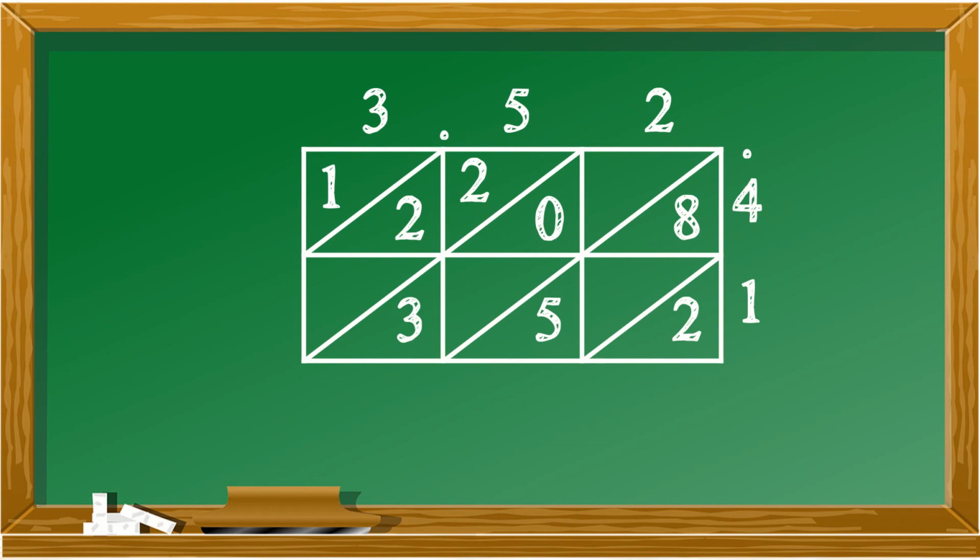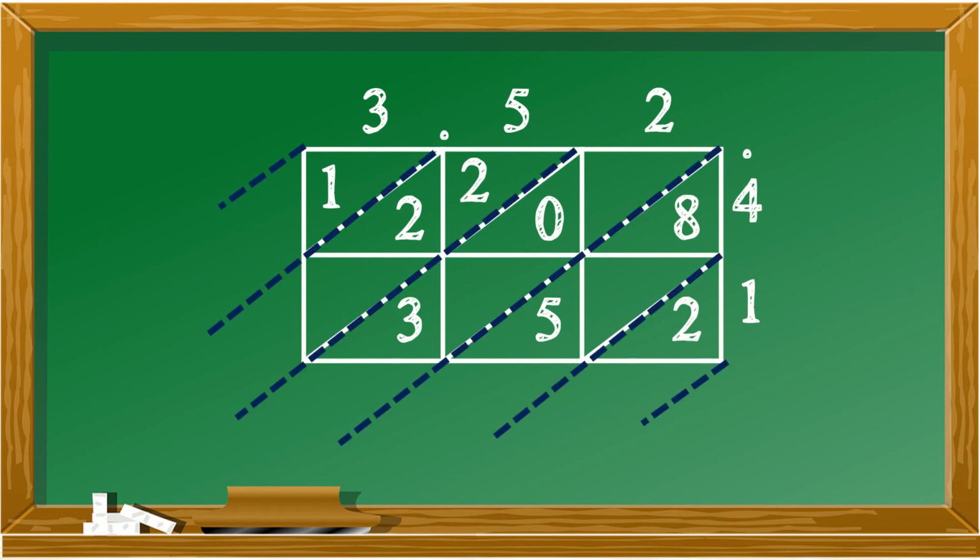And then draw diagonal lines to add. So we will start again from the bottom, which is number 2. Just bring that down. There is nothing to be added to number 2. And then proceed to the second group. 8 plus 5 is 13. Carry 1. And 1 plus 0 plus 3 is 4. The next group, 2 plus 2 is 4. And then 1. There's nothing to be added to number 1.